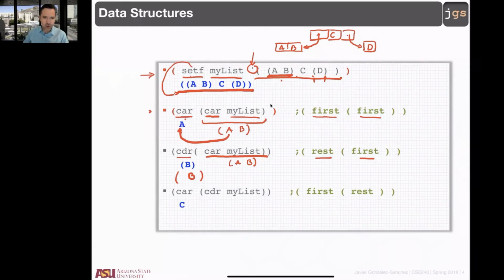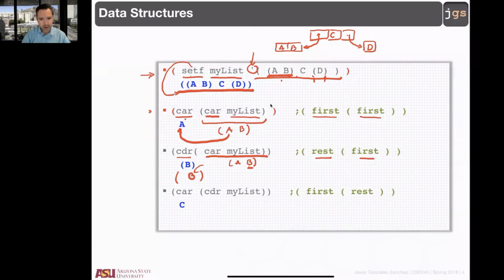First is going to return the first element. It doesn't matter if that first element is a single variable or a list, like in this case. Whatever the first element is, it is going to be returned. But rest always returns a list. So even in this case in which the rest is only one element, and a single element, rest is going to put that one inside of a list as a rule.